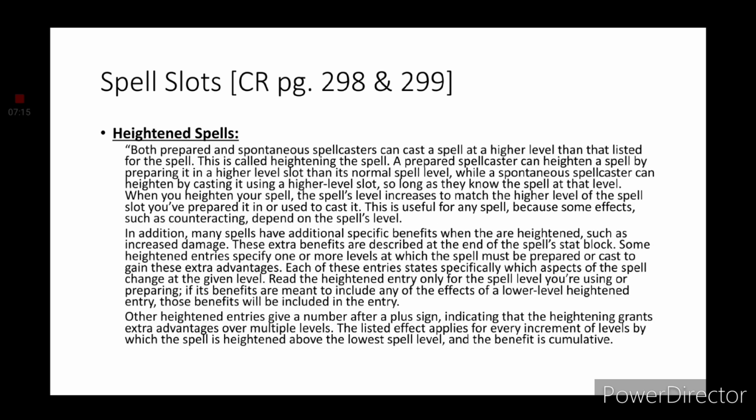Heightened spells. Both prepared and spontaneous spellcasters can cast a spell at a higher level than the listed level for the spell. This is called heightening the spell.